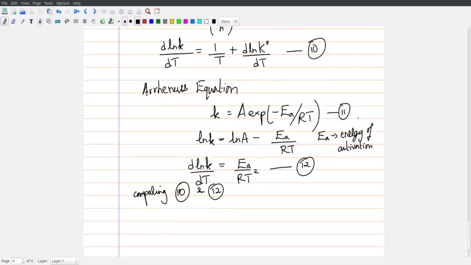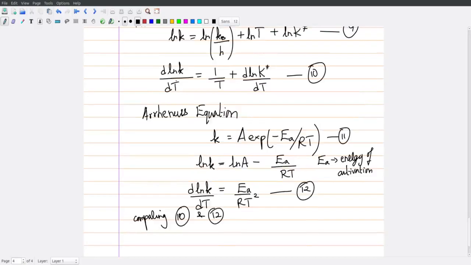Now you might have had a question: why am I differentiating this with respect to T? Because we want to eliminate the constants. kB is a constant, h is a constant, and the Arrhenius parameter is a constant.